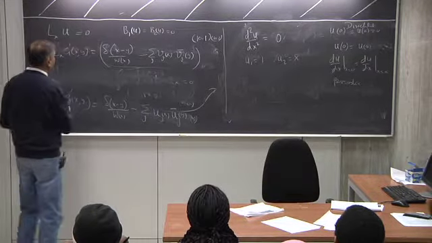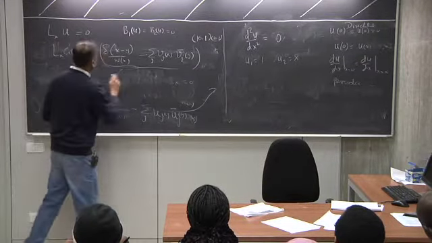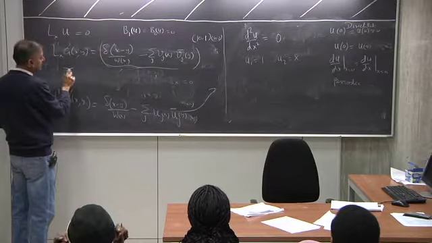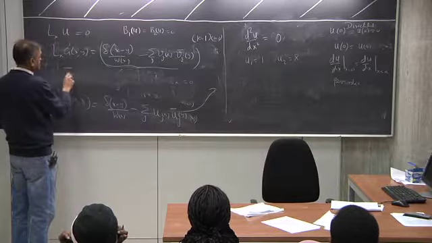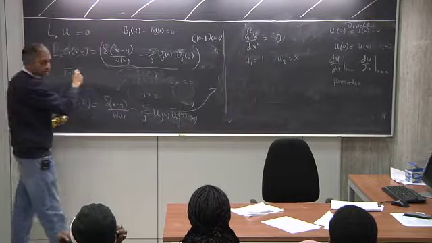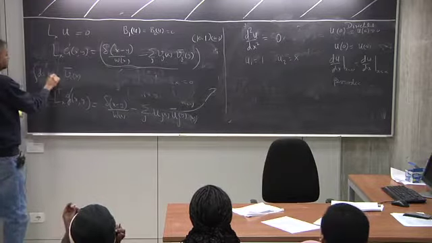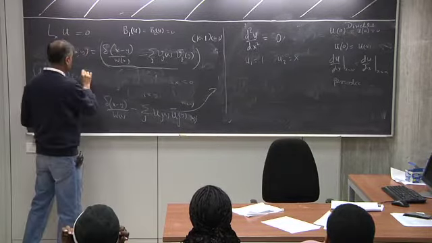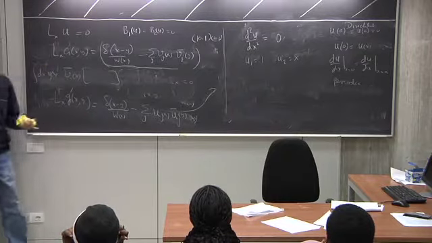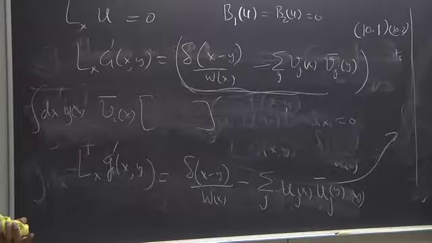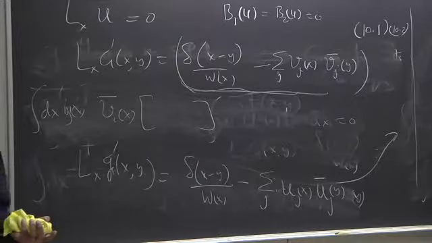Because the condition was that when I multiply this by v bar ix and integrate dx wx times whatever this whole thing is, that should be equal to 0.